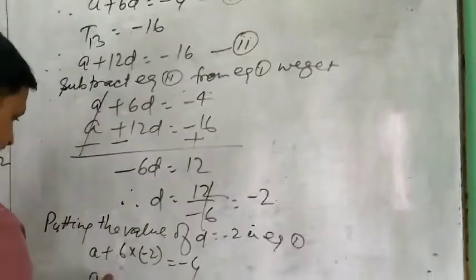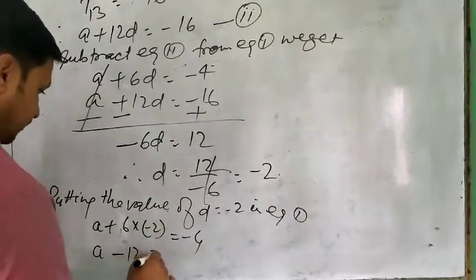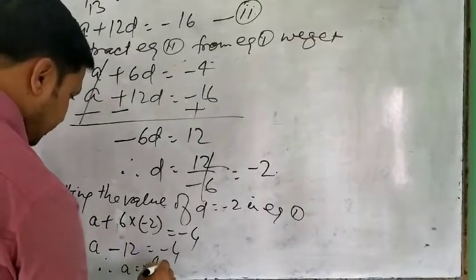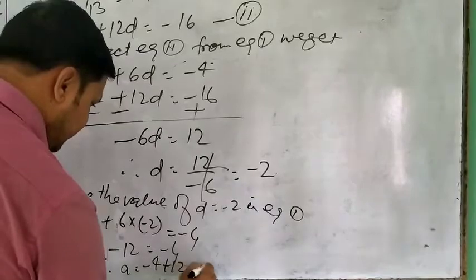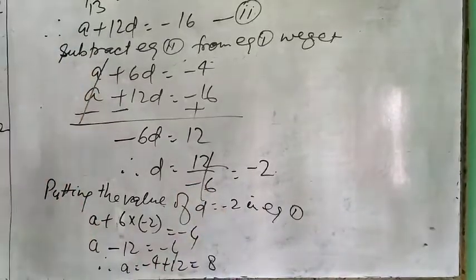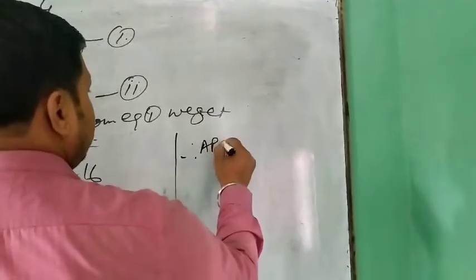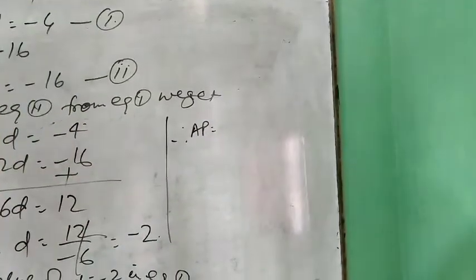That means A minus 12 equal to minus 4. That means A equal to minus 4 plus 12, that means plus 8. So your first term is 8.